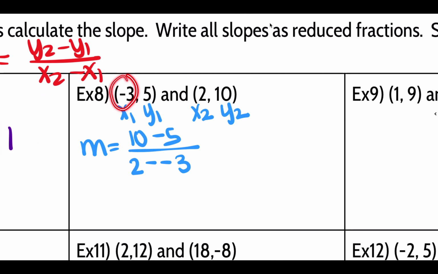See how the negative 3 is right here? And the minus is from our formula. 10 minus 5 is 5. 2 minus negative 3, those two negatives become a positive, so this becomes positive 5. 5 over 5 is just, again, 1. Reduces to 1.